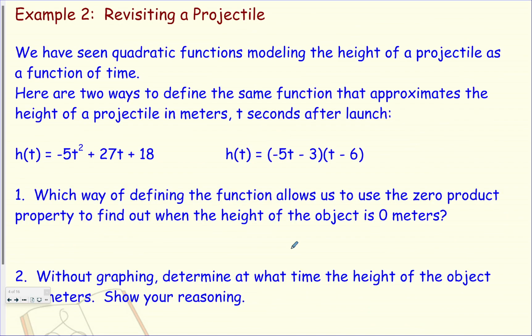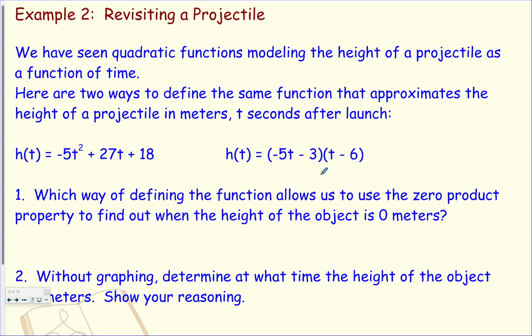Okay, so let's look at a projectile problem. From lesson 2, we did a little bit of work in projectiles flying through the air. So here are two functions. We have one that is negative 5t squared plus 27t plus 18, and the other one is negative 5t minus 3 times t minus 6.